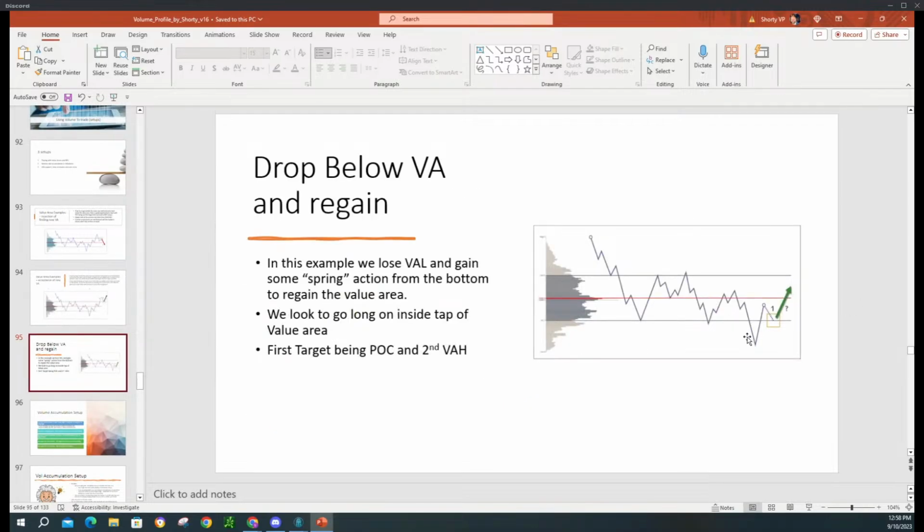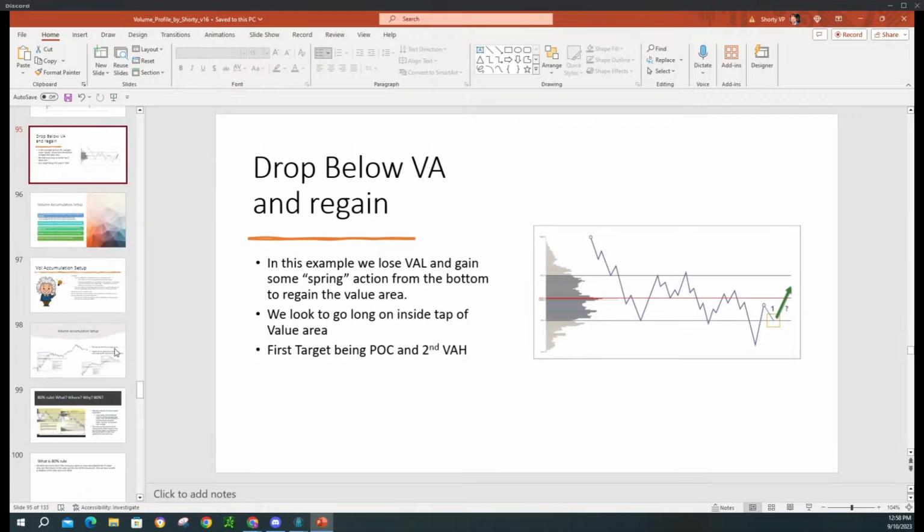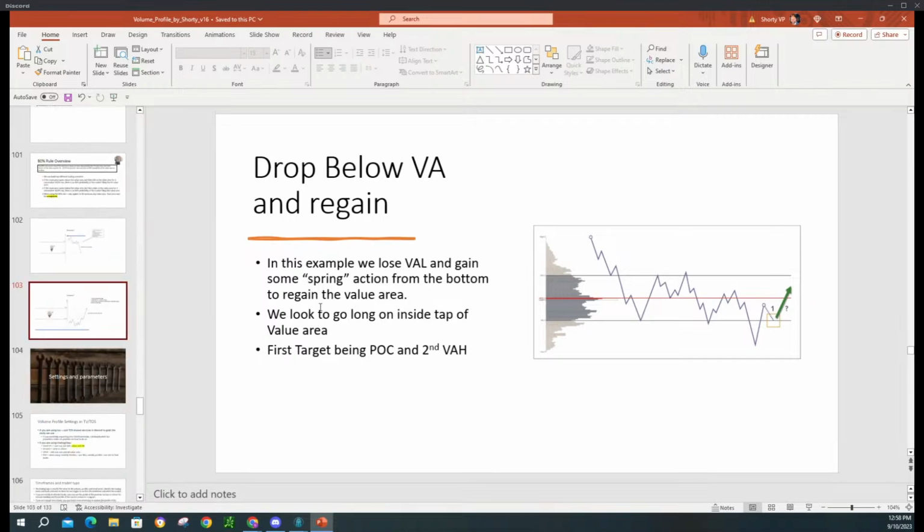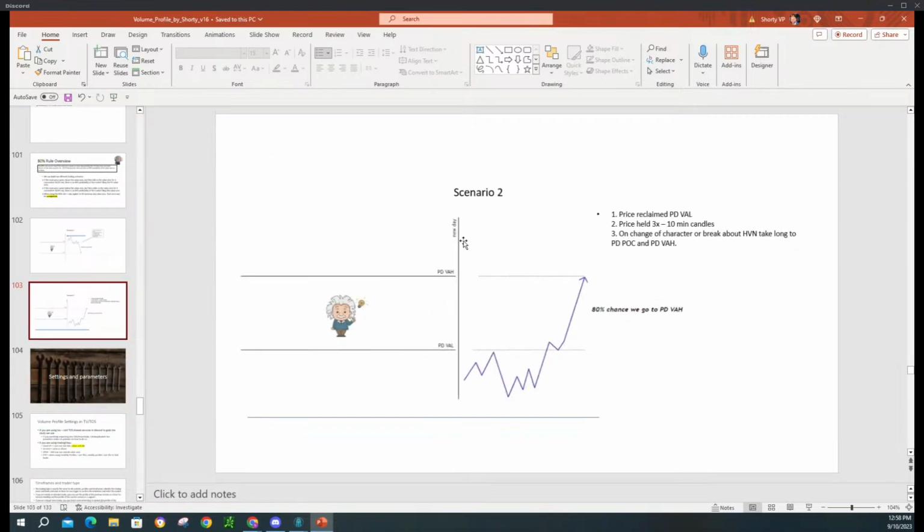This is the 80% rule. If you go from here, most likely your first target is the POC, and the second, ultimate target is value area high. This happened a lot on Friday when they were playing in the session of the value areas. So I would say you guys should go and test this on TradingView or whatever platform you're on and see how it works. It happens a lot.